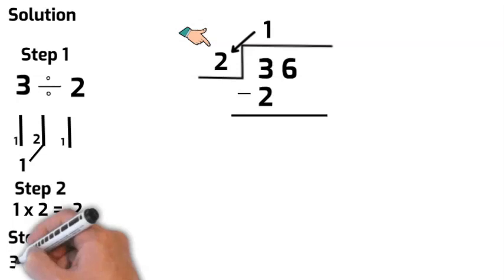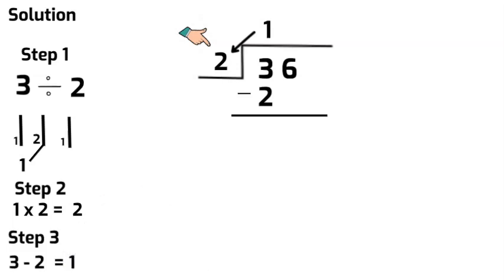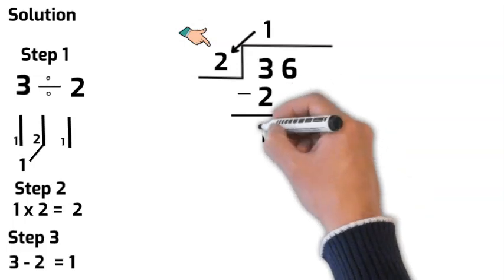So we say 3 minus 2. 3 minus 2 is 1. We write our result below the horizontal line, like this.